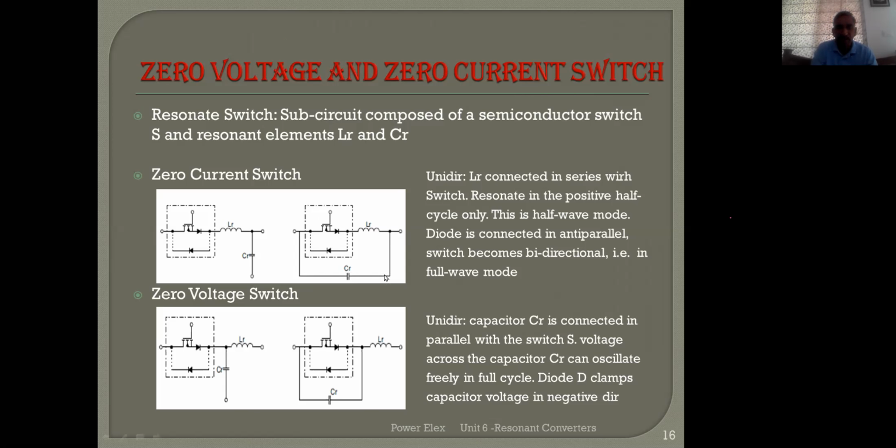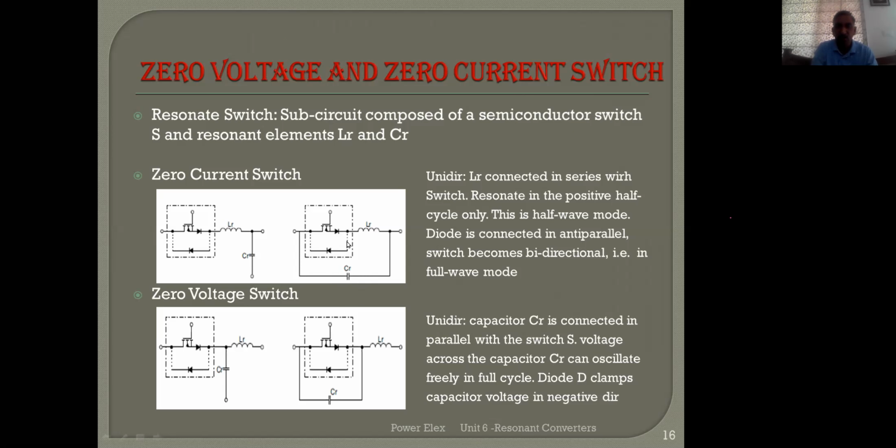This diode will conduct in the negative direction, and this diode and this inductor will now be in parallel with CR. So this won't clamp the voltage of this particular CR, and it can have its full swing in the zero current switch.